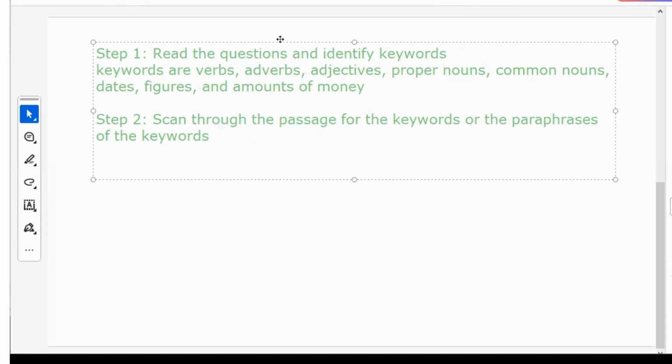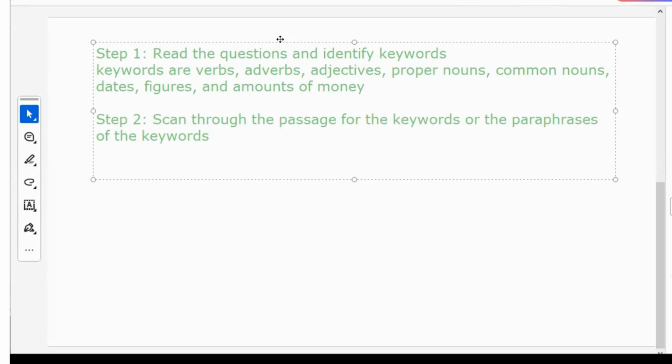The keywords that you identified or the paraphrases. So let's say, for example, I see England in the question. England can also be referred to as Britain, or the United Kingdom. So it's possible that I will look at the passage and I will not see England, and I will be seeing Britain, I'll be seeing United Kingdom.